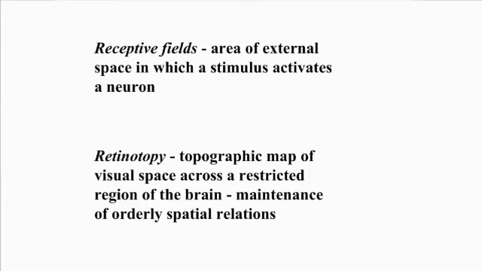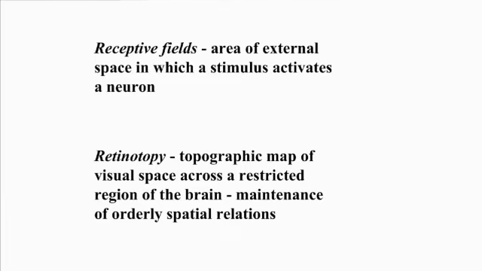Now, two ideas that have been very helpful for understanding how vision is organized in the brain are receptive fields and retinotopy. Receptive fields are simply an area of external space. It's a physical spot in space in which a stimulus activates a neuron. So neurons early in vision will respond to specific locations in space when you're looking straight forward. One neuron might cover this area, another neuron might cover that area, and so forth.